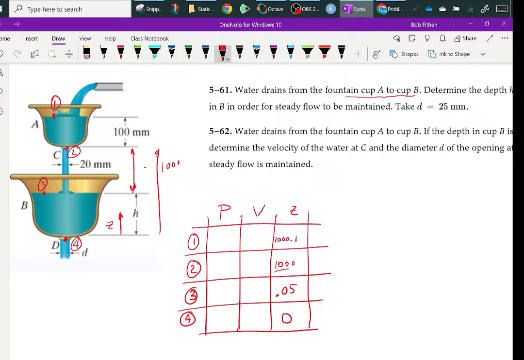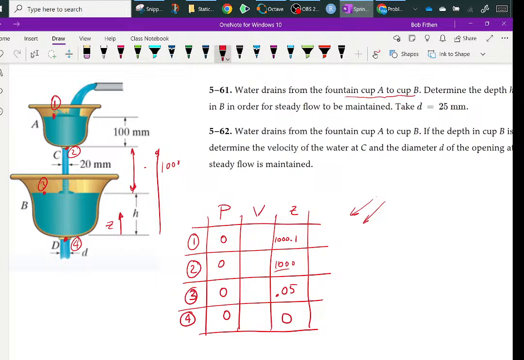0.1. Now, this is dumb what I'm doing, but all I'm trying to do is show what and where how you could use this chart. So the pressure, do we know the pressure at 4? Do we know it at 3? Do we know it at 2? Do we know it at 1? Well, they're all touching atmospheric.